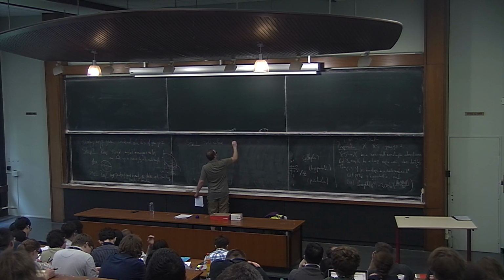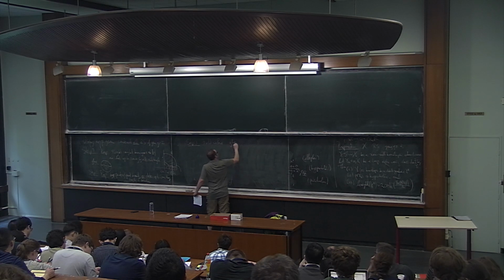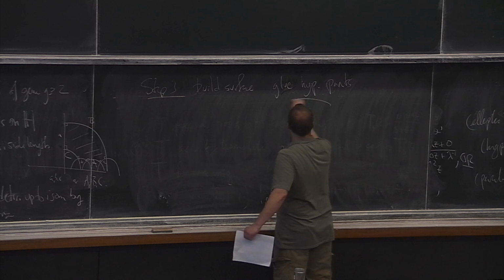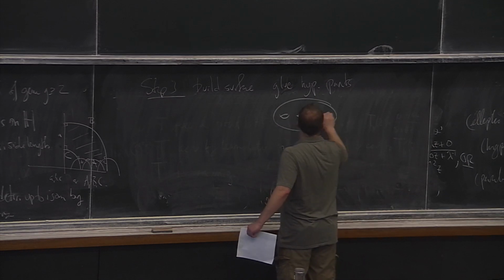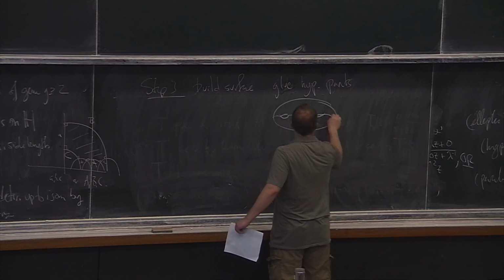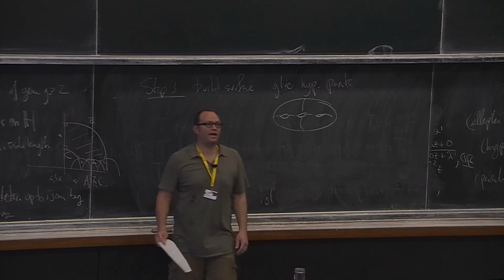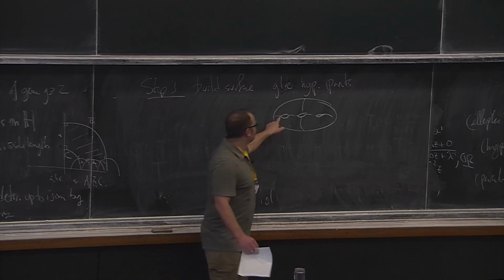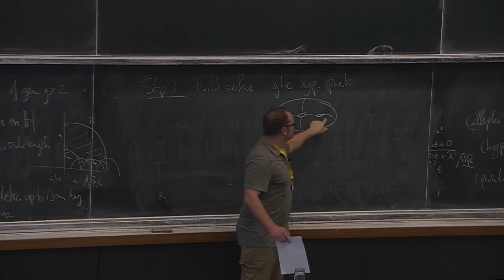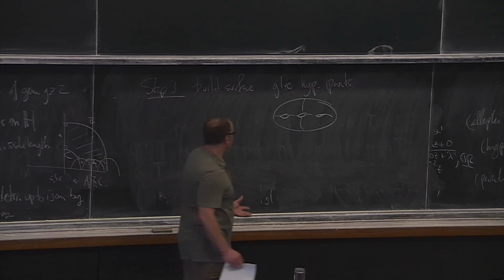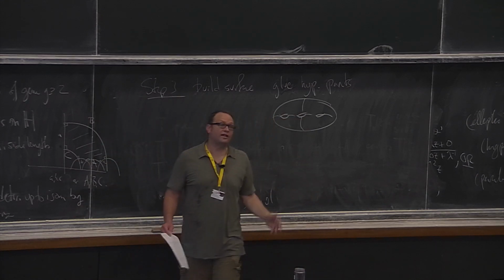So glue hyperbolic pants. So here's a genus 2 or genus 3 surface. I obtained it by gluing together 4 pairs of pants. Let's fix your favorite lengths for these curves. And now I can build pants that have those lengths. And then I can glue them together to build a hyperbolic surface.